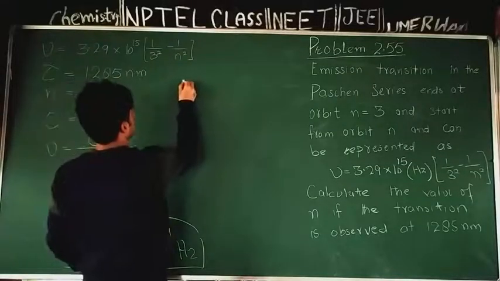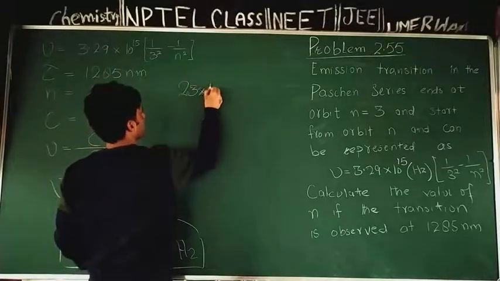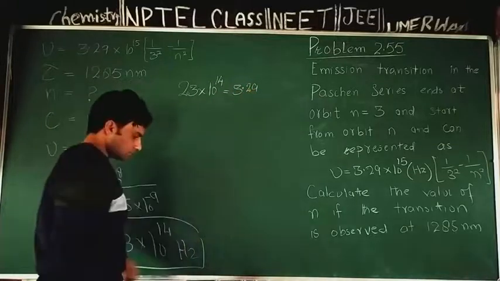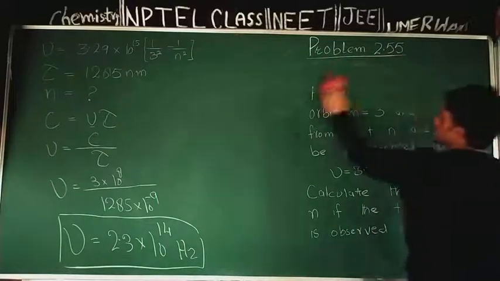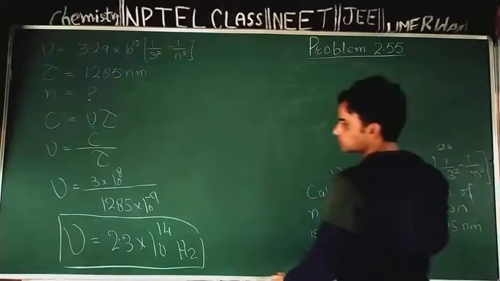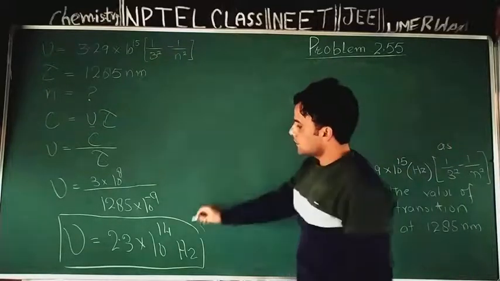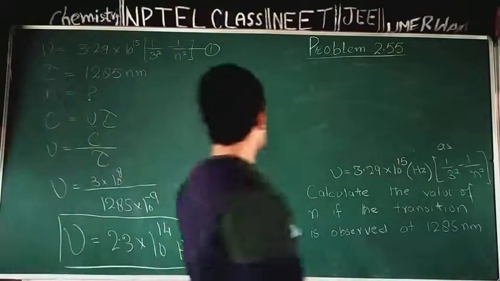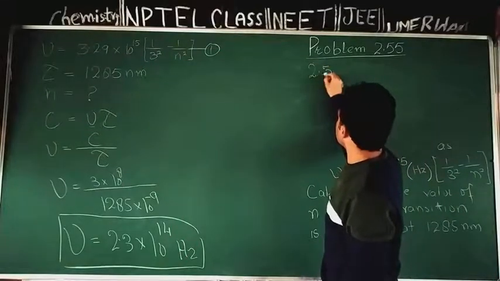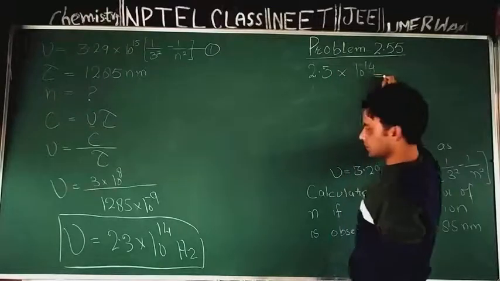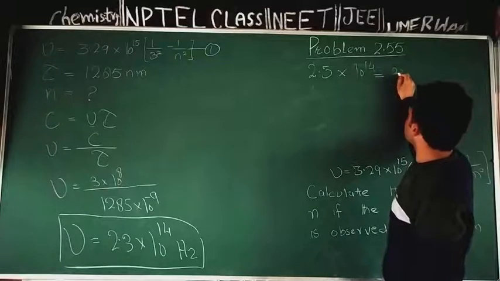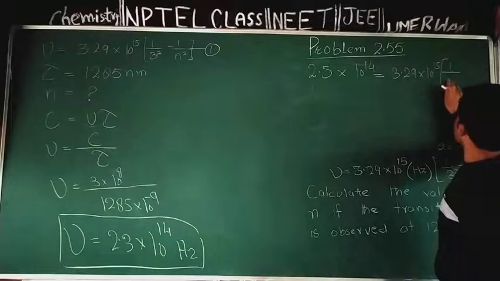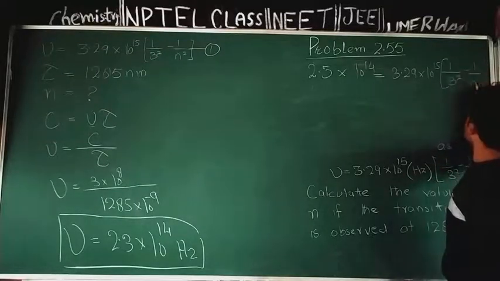In equation first I will substitute the value of frequency I got: 2.3 into 10 to the power 14 is equal to, this value is in hertz, is equal to 3.29 into 10 to the power 15 (1 by 3 square minus 1 by n square).